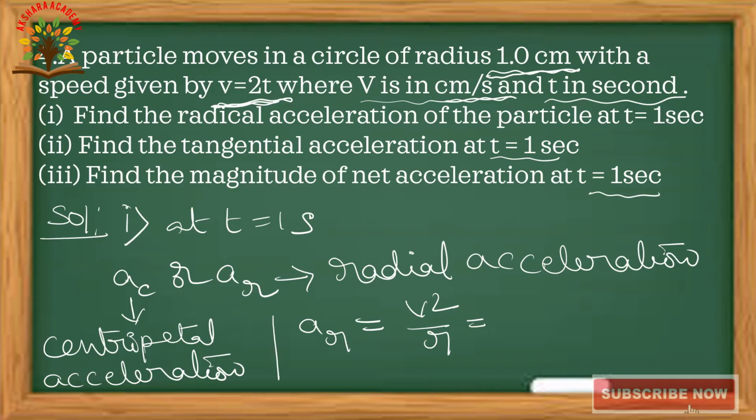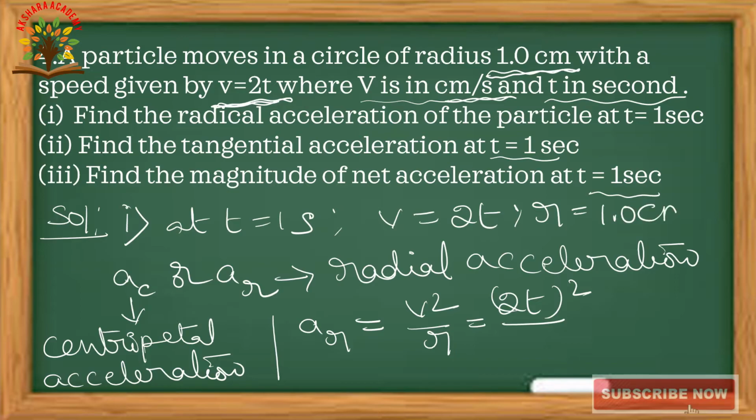Next, AR is equal to v square by R. V is given as 2t. Substituting 2t in the place of v, 2t whole square by R, and R is given as 1.0, or 1 centimeter.